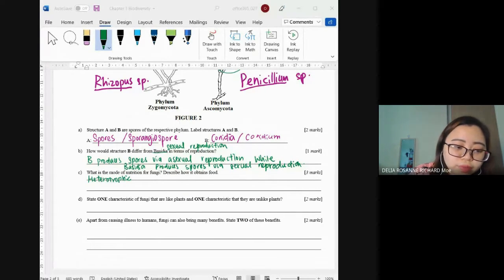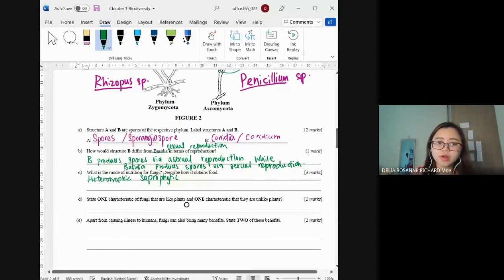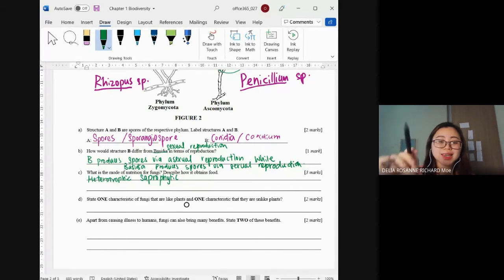Okay, thank you. Yeah. Okay, so that is correct about the saprophytic. Okay, so the mode of nutrition for fungi usually we just say saprophytic. Kalau parasitic itu dia lebih kepada dia punya role in ecosystem or in ecology.